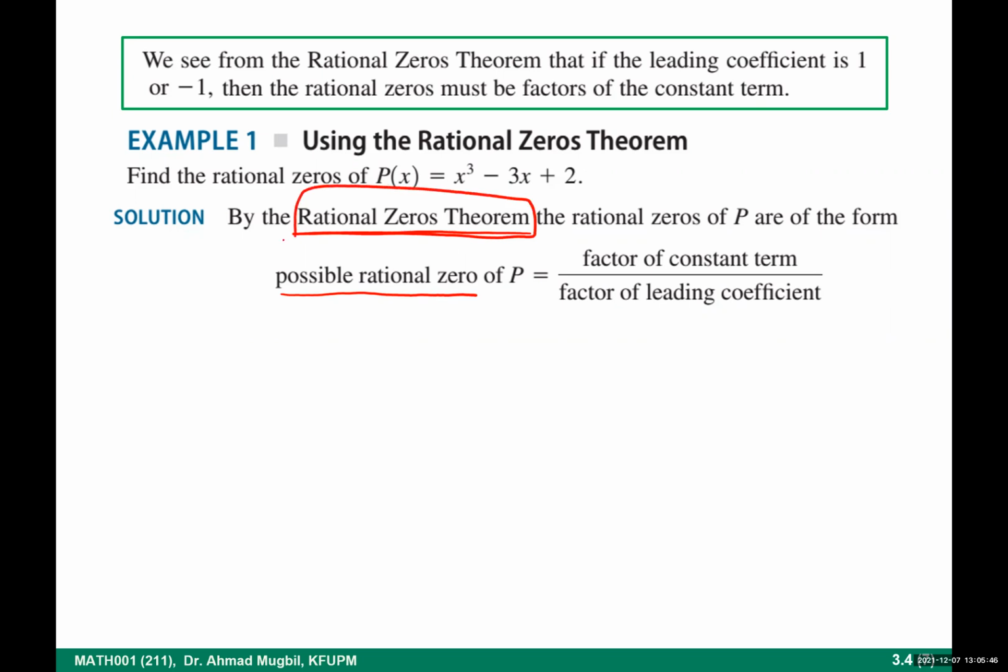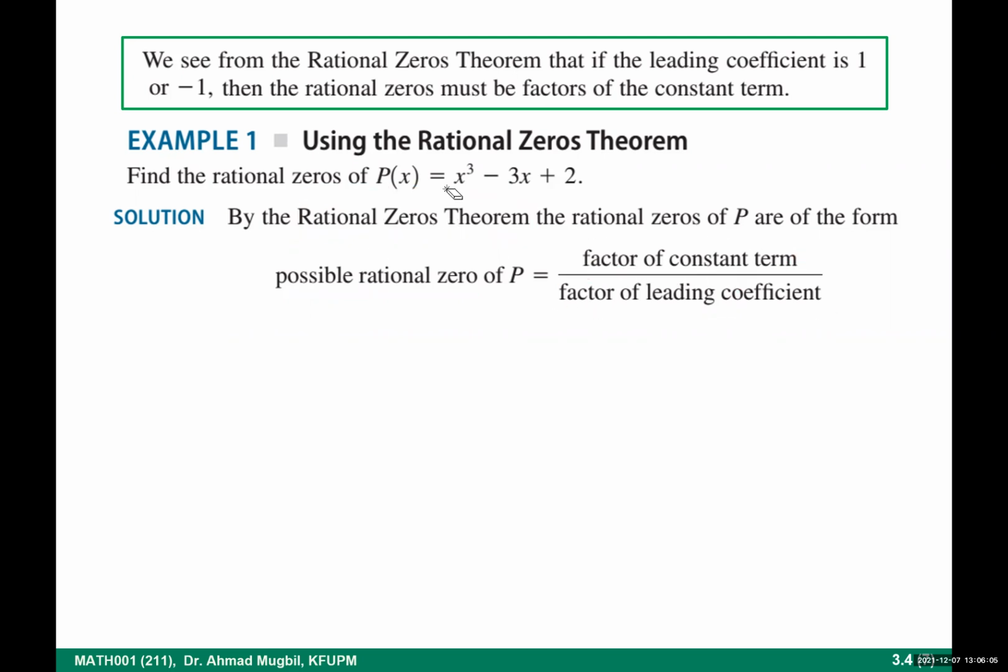The rational zeros theorem says what? The possible rational zeros of any polynomial will be the factors of the constant coefficient over the factors of the leading coefficient. Here it is.